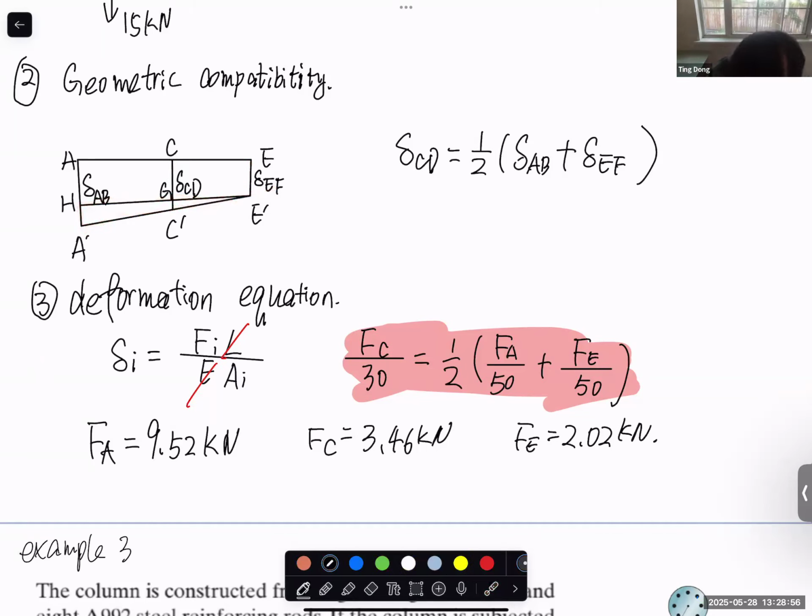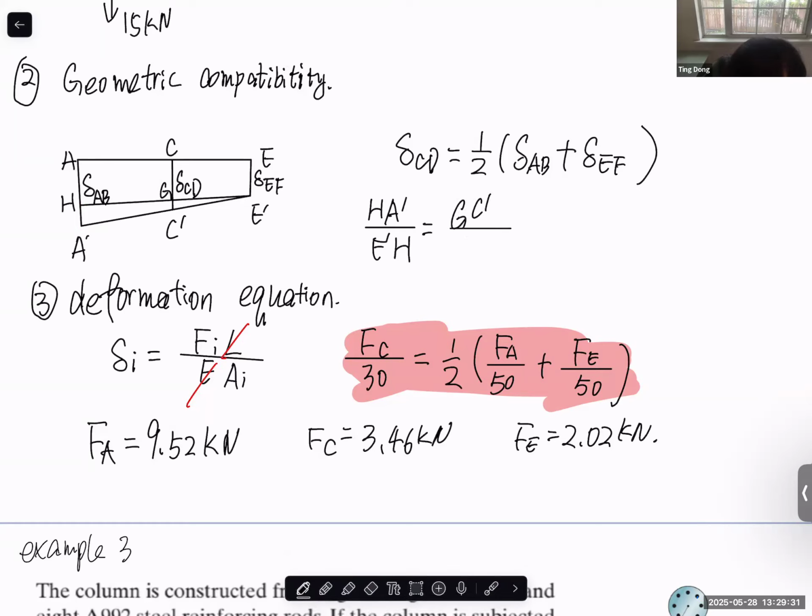So now we have HA prime over E prime H equal to, HA prime should be the bottom of the triangle, GC prime over E prime. Now it becomes this one over HA prime equal to HA prime over this one equal to CG prime over this one.